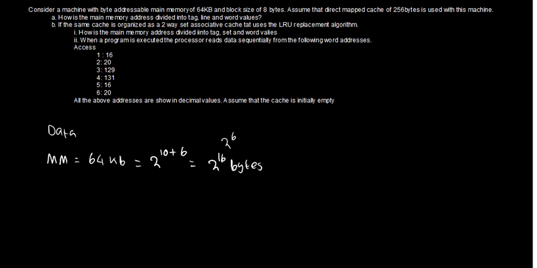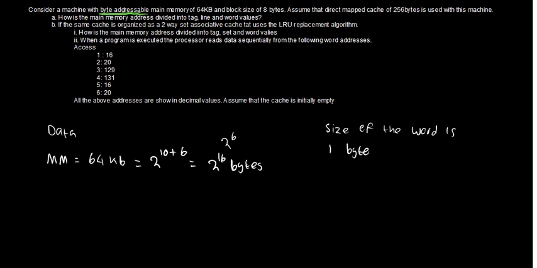Now, we've been told here that our memory is byte addressable. What does this mean? This is going to be very useful as we continue. Byte addressable means that each location stores 1 byte, or the size of a word. Don't confuse this with the size of a block; the size of the word is 1 byte, meaning whenever we address a word, we address 1 byte.